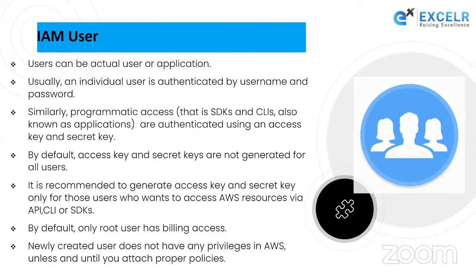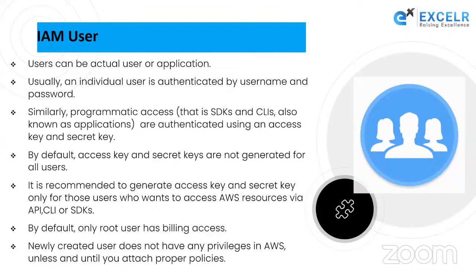You have to explicitly go and add that permission. The access key will be a 20 character alphanumeric key, and the secret access key is a 40 character alphanumeric key. Whenever you use this access key and secret key, please save it properly so that nobody else has access.